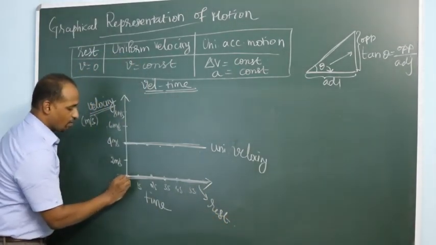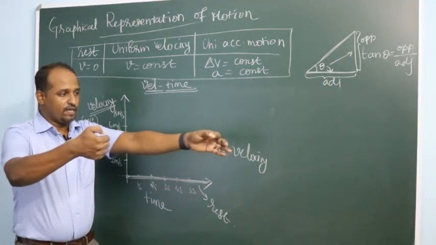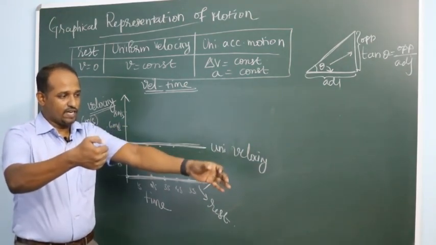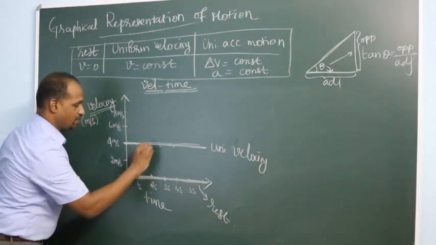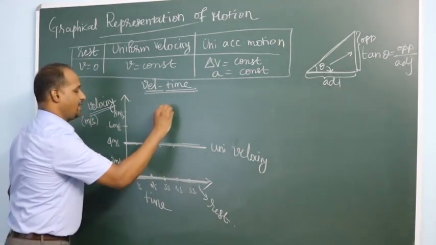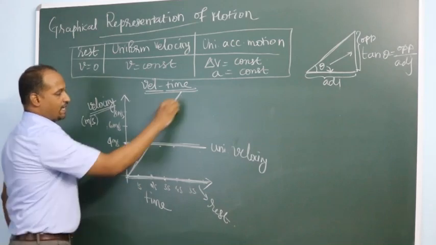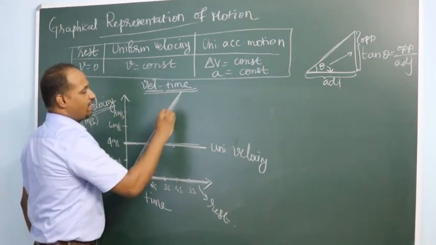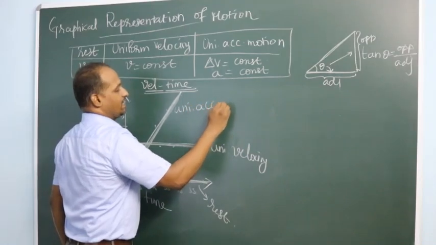So when you keep the object, you start the stop clock, then 0. After 1 second, 2. After 2 seconds, 4. 3 seconds, 6, 4 seconds, 8, 5 seconds, 10. So it's a straight line. If the graph is an inclined straight line, then this represents uniform acceleration.